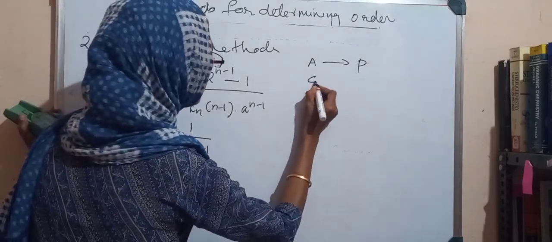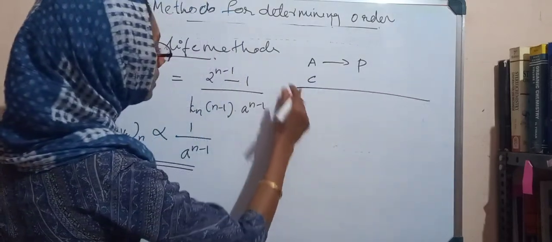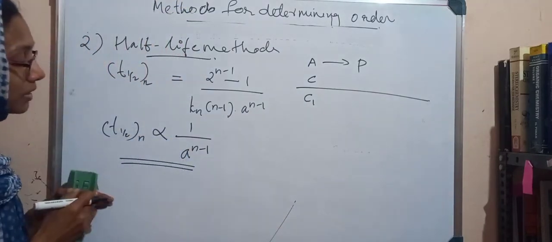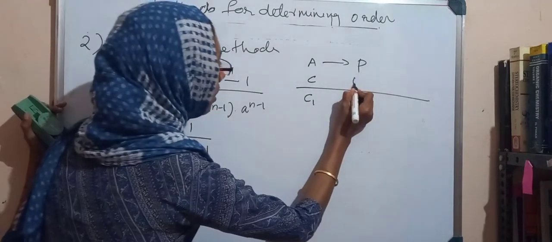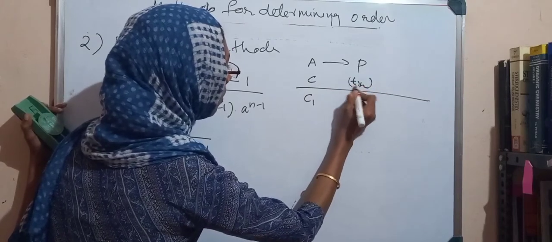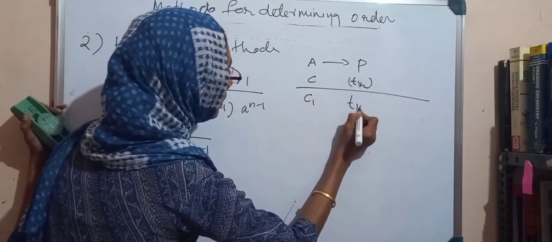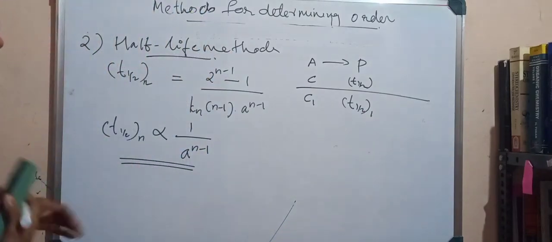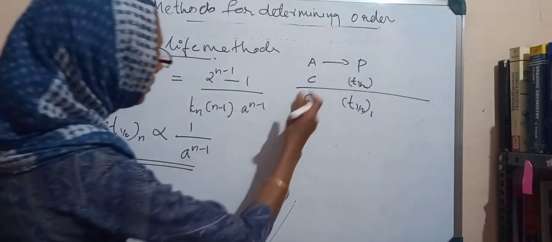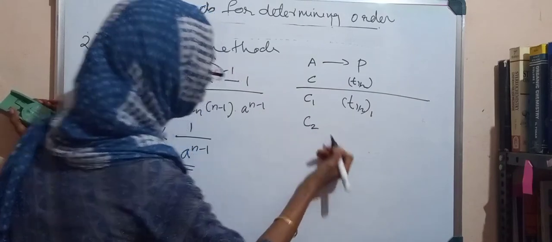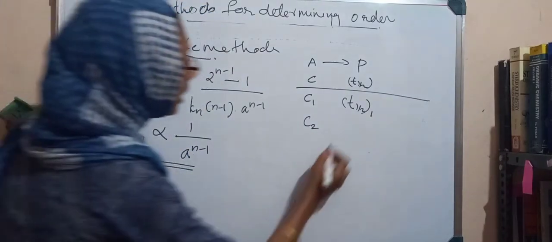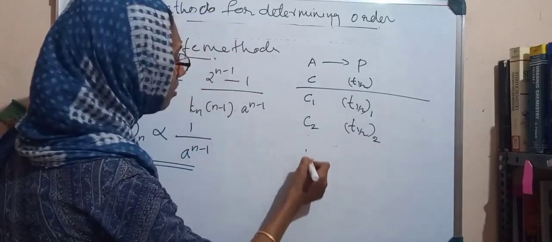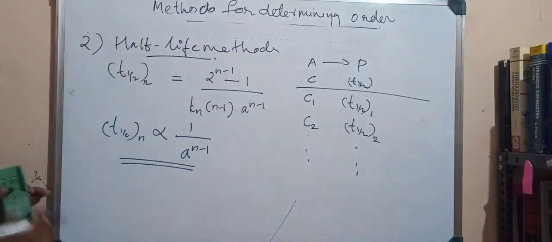Suppose the initial concentration of the reactant is C1, and we calculate the T half of the reaction as T half 1. Then we change the initial concentration to C2 and calculate T half 2, and so on.